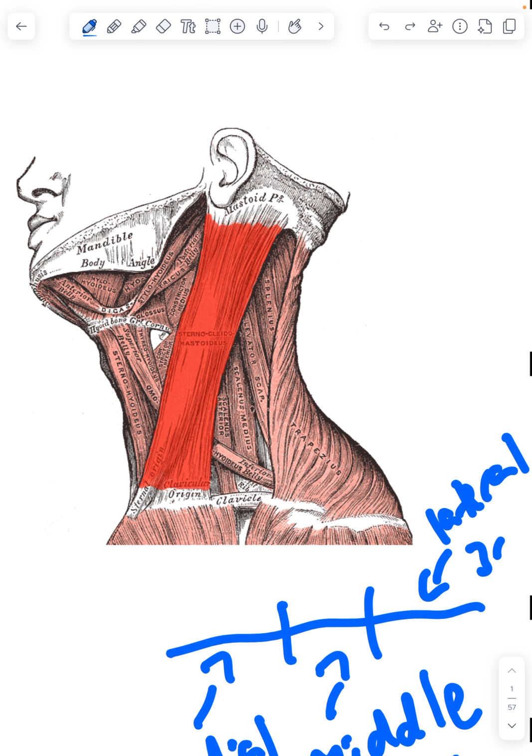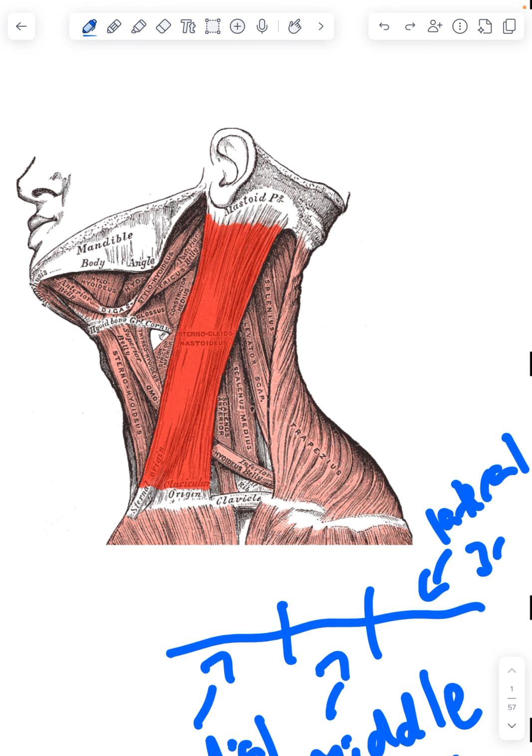This is more like a lab thing, but the posterior belly connects to the mastoid process, obviously behind this because we can't see what's behind this. The stylohyoid connects to the styloid process. The styloid process, I keep saying stylus, is more anterior than the mastoid process in the skull. So you see how the stylohyoid is anterior to this posterior belly.